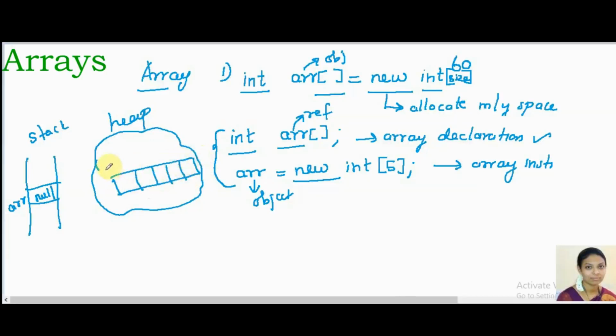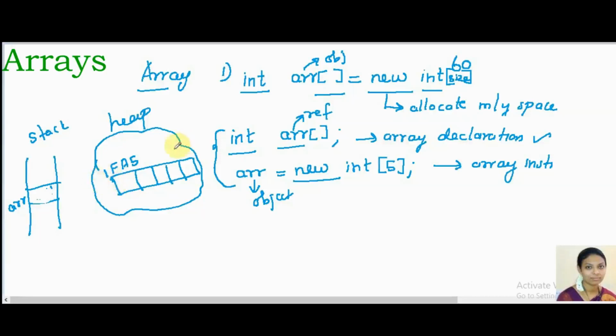And say for example, the starting reference of this place is 1FA5. That will now be stored here. So instead of null, once I use the new keyword, I can store the reference.